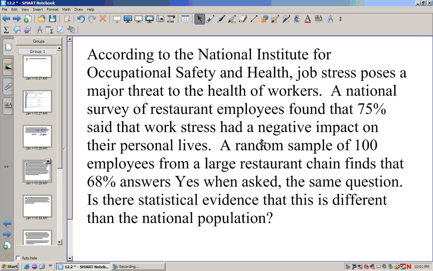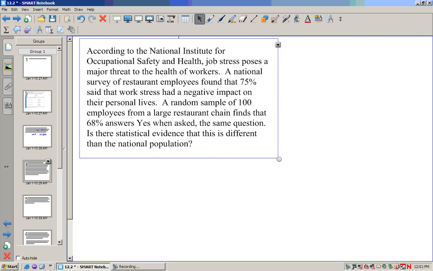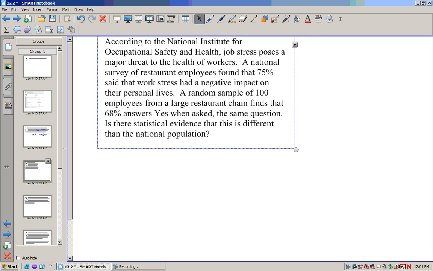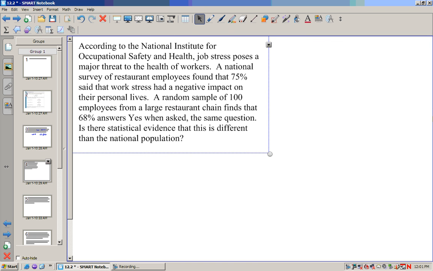All right, so let's do a test on this. So the first thing I'll do is look for my null hypothesis. My null hypothesis is that my population proportion, P, is going to be equal to 75%.